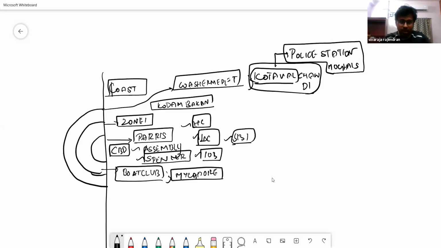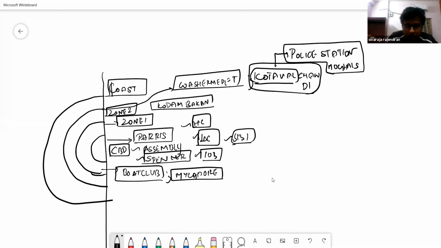So they used this zone for making people settle, semi-skilled or unskilled people, to be settled in that zone. So the police station which was there during the Mughal period became irrelevant, and it became Kottawal Chowdi. So Chowdi is a zone. So this is zone 3, and this is zone 2.